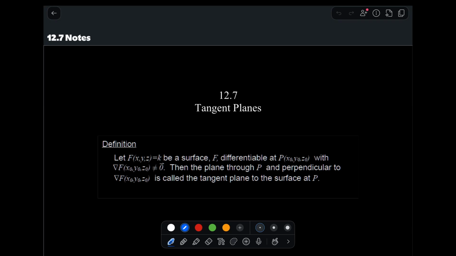Then the plane through P and perpendicular to the gradient is called the tangent plane to the surface at P. And remember that P is the point at which your plane is intersecting with your curve, right? It would be similar to saying in 2D that you have your tangent line intersecting your curve at that point.